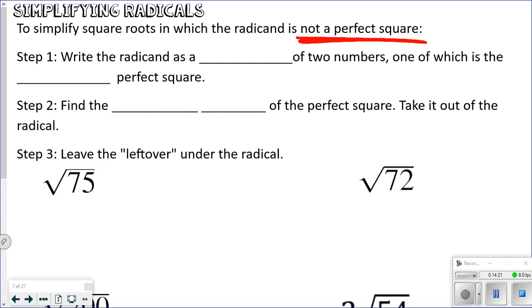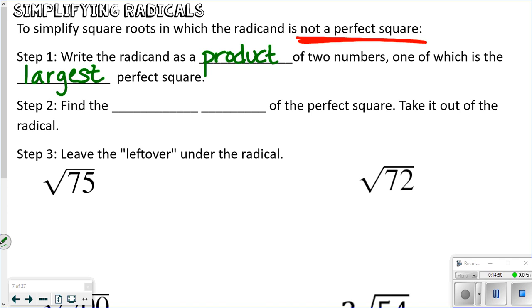So we are going to write the radicand as a product, product means to multiply, of 2 numbers. And it's important that one of those numbers is the largest perfect square that that number is divisible by. Then we're going to break it down using that number.